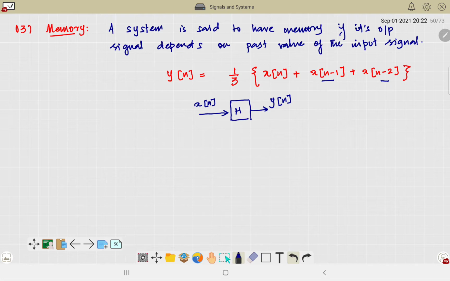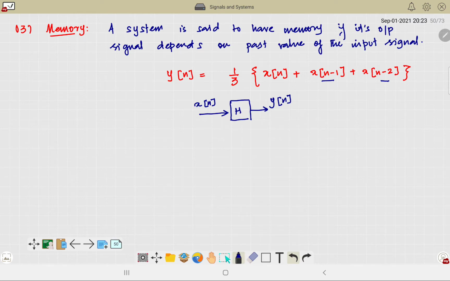For example, in this particular case, I need to store 2 previous samples. X of n is my current sample, it is available at the input. I need to store x of n minus 1 and x of n minus 2, so we say that the temporal extent of memory is 2 units because I need to store the previous 2 values. Fine.